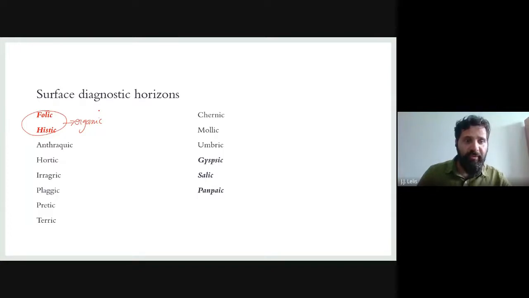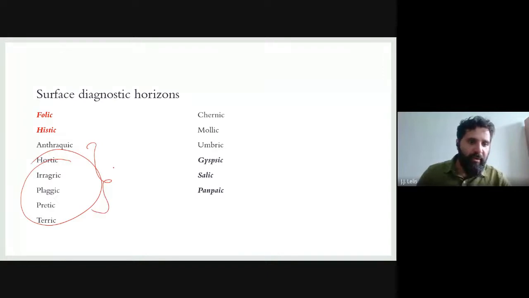So they present dark colors, a low density, and a high content of organic carbon. We also describe these horizons that are related to human mixing of soil, mixing with vegetable, organic, mineral materials, okay?